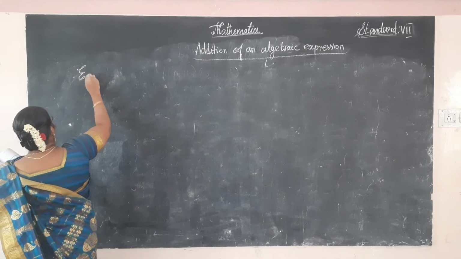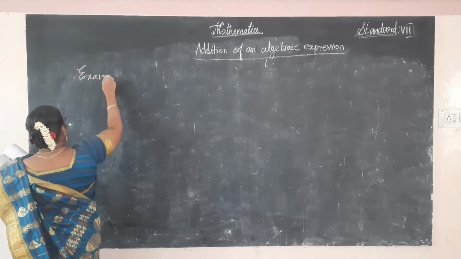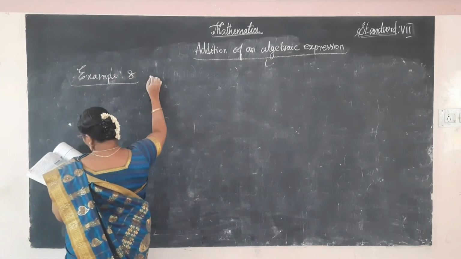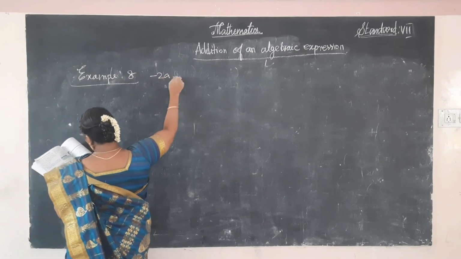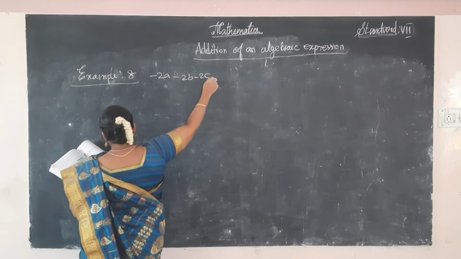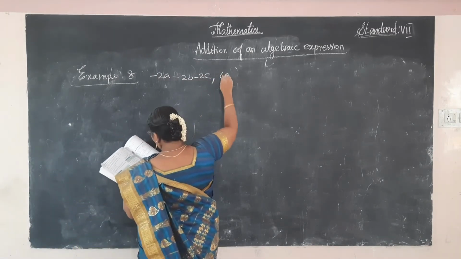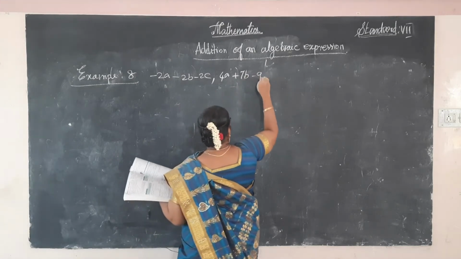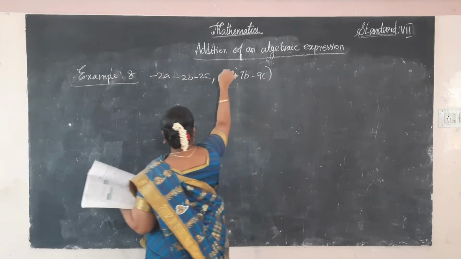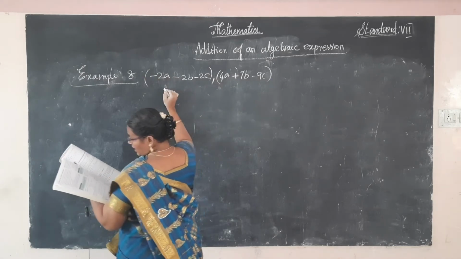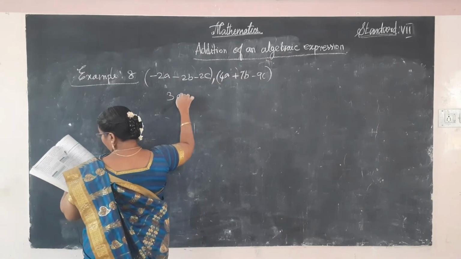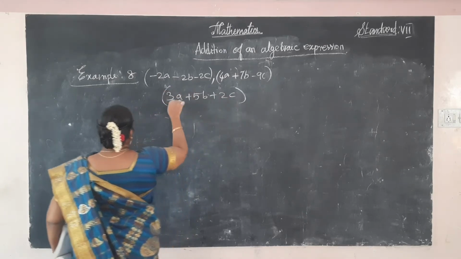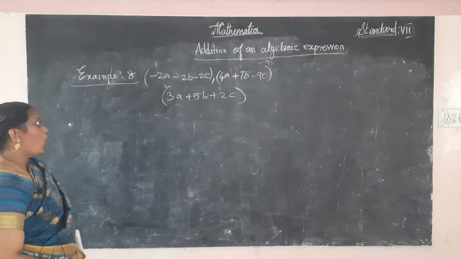See the example: minus 2a minus 2b minus 2c, and then 4a plus 7b minus 9c, and one more expression 3a plus 5b plus 2c. Now using the column method.